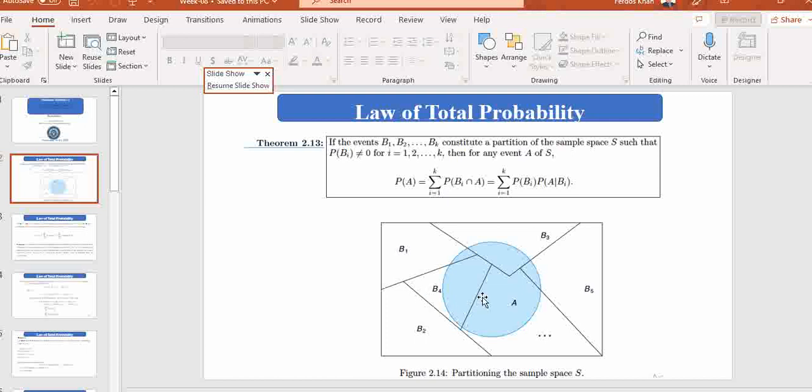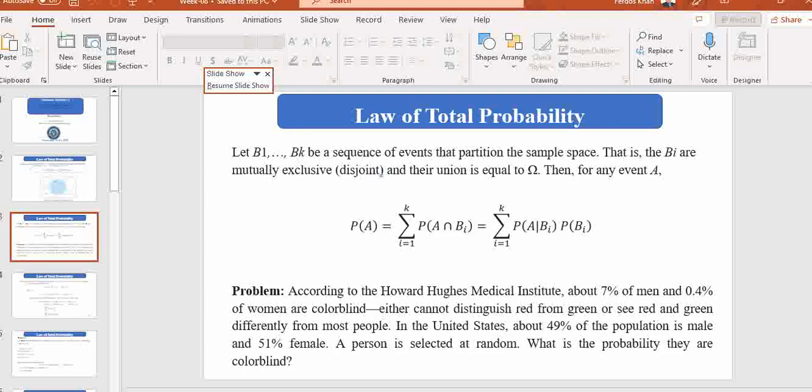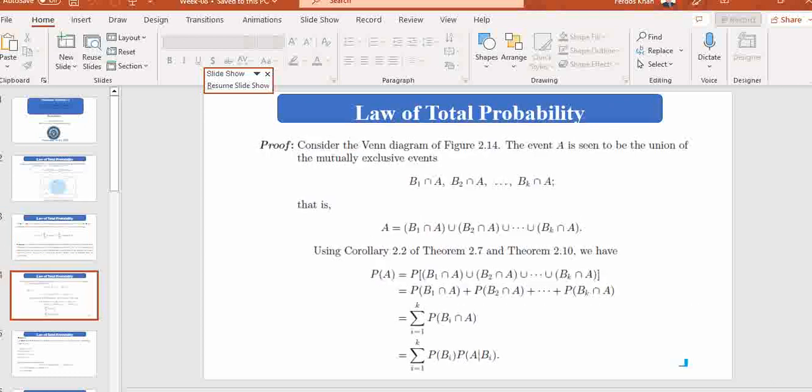In the total law of probability you calculate the probability of A, but in Bayes theorem you calculate the probability of any of these Bi's given that A occurred. You will see this in Bayes theorem. So this was the total law of probability. I hope this is explained. This is the final shape, the little proof which I did.